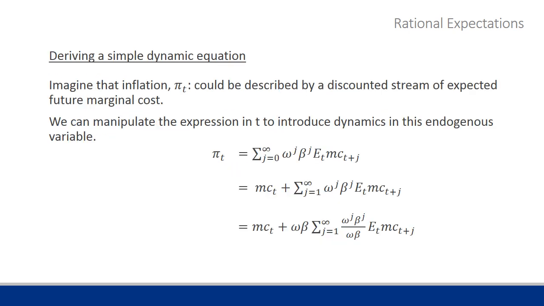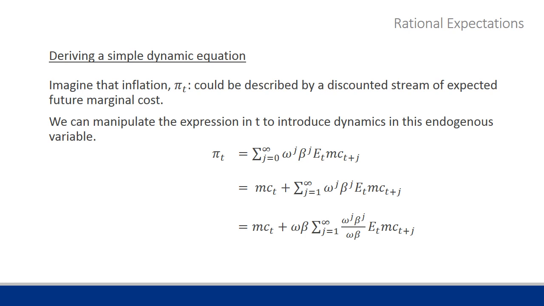We now take a slight mathematical digression. We can show that you can take a variable, such as pi t here, that's expressed as a future discounted stream of another variable, and express the variable pi t in a difference equation, or something we call a dynamic equation.